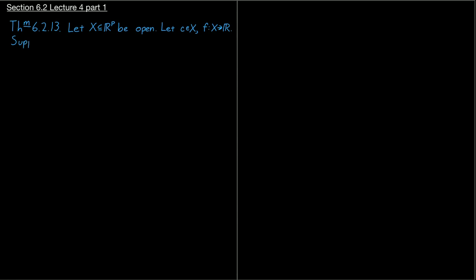Now we're going to suppose that f is continuous on X. Gradient of f exists everywhere in X. So not just at one point.